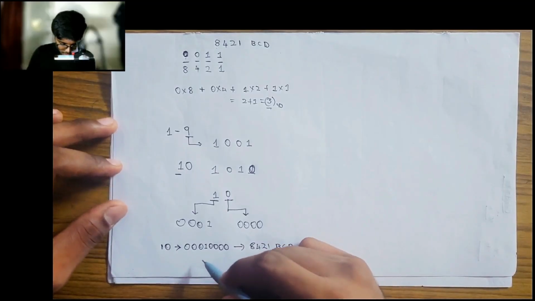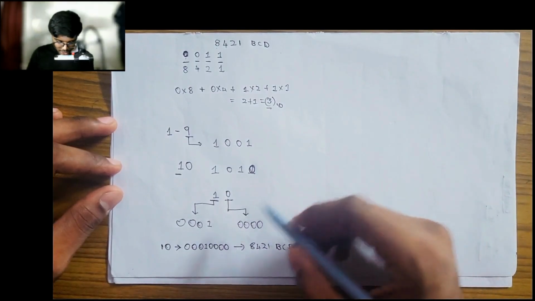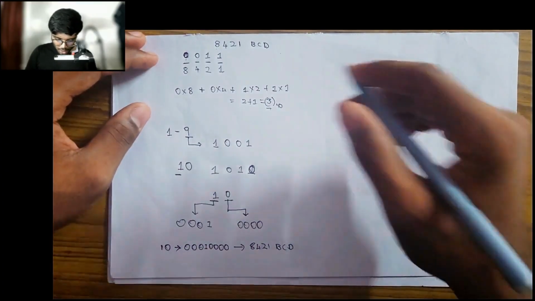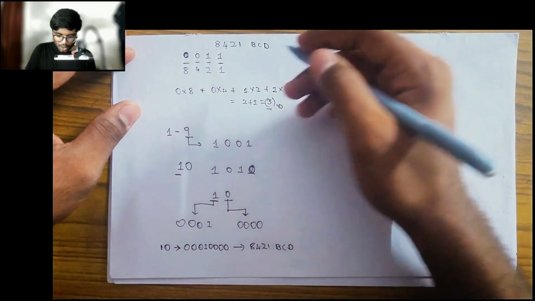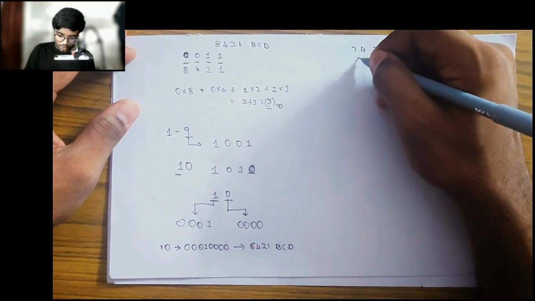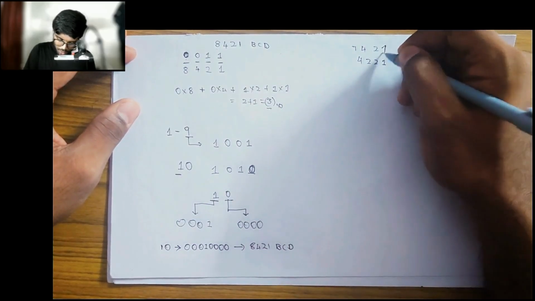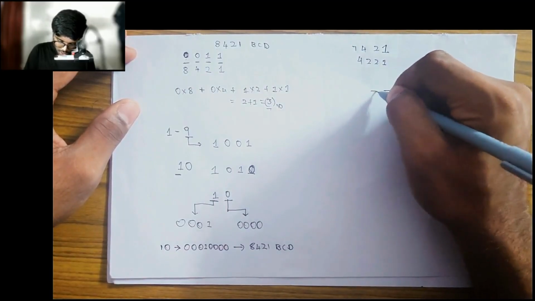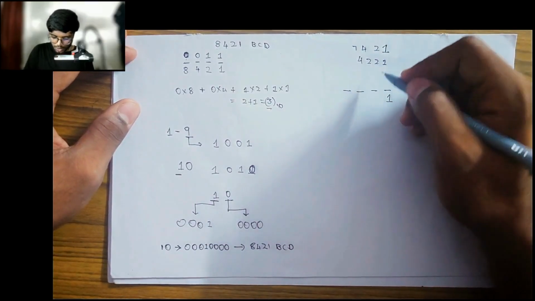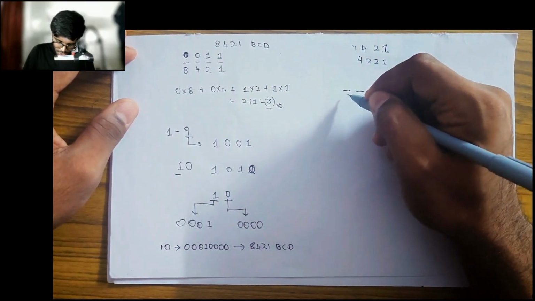But primarily we will not be using double digits anywhere in our calculations, and we'll be discussing don't care terms later, where this plays a major role. Okay, this is the weighted BCD code, and there are also other weighted BCD codes such as 7421 and 4221. In 7421, the unit's position takes 1, the next takes 2, then 4, and the thousands position takes 7.